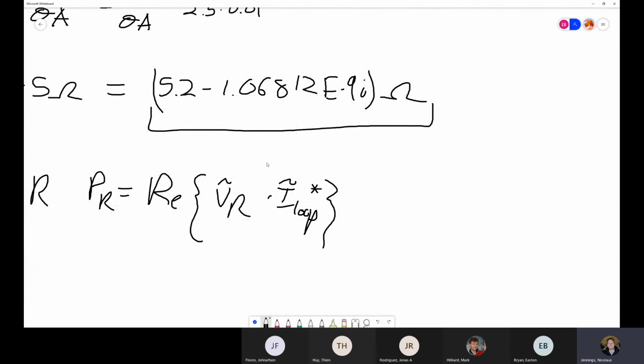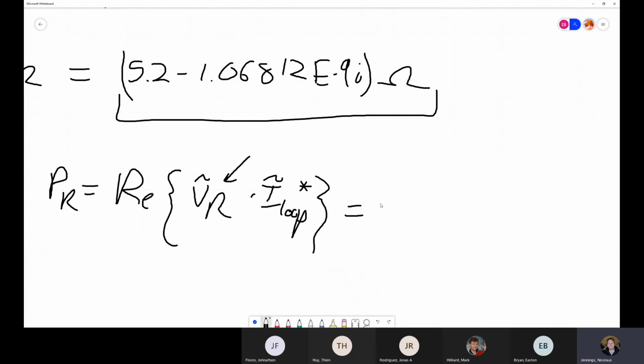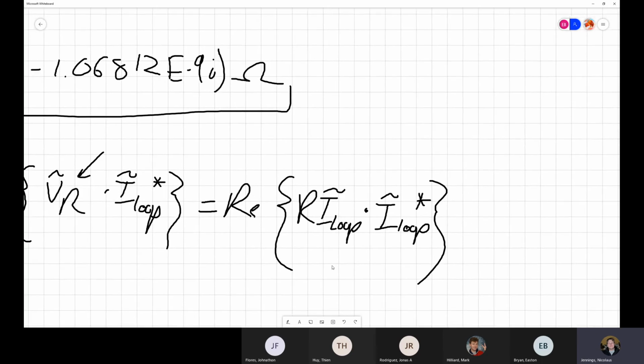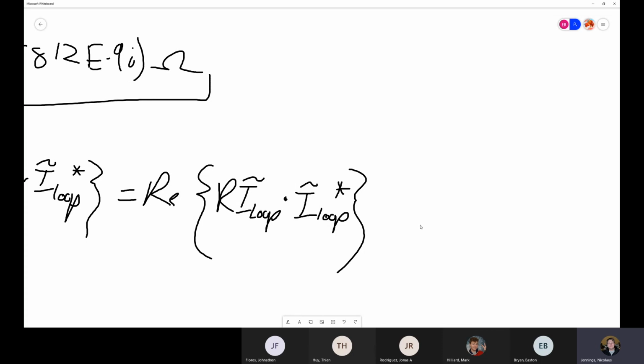And what I did actually was I replaced VR with just R times I loop. Let me replace this right here. Real, excuse me, R times I loop times I loop star conjugate. So this is just looking at purely the resistance right here.